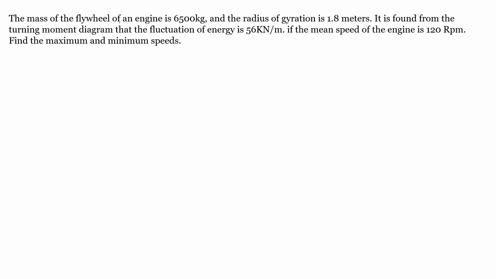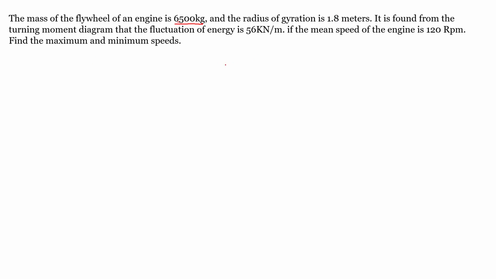The mass of the flywheel of an engine is 6,500 kilograms, and the radius of gyration is 1.8 meters. It is found from the turning moment diagram that the fluctuation energy is 56 kilonewton meter, and if the mean speed of the engine is 120 rpm, find the maximum and minimum speeds.